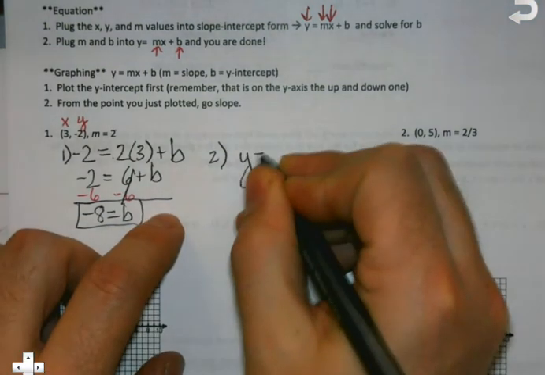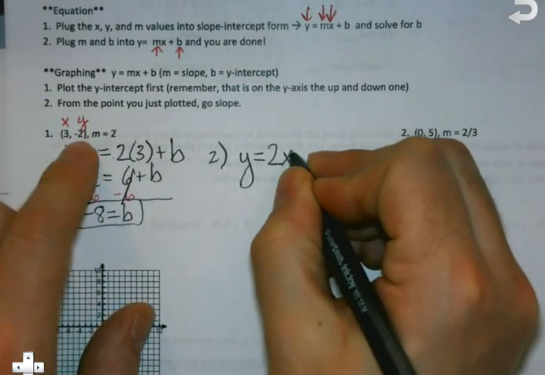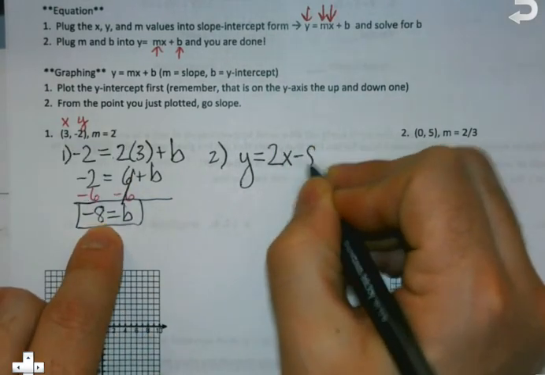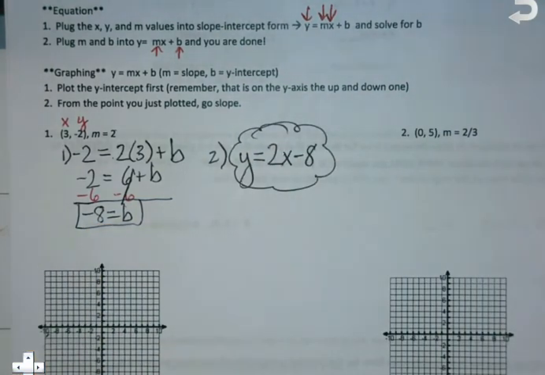I have y equals m x plus -8, or I can just write -8. That's the equation of my line that I'm now going to draw.